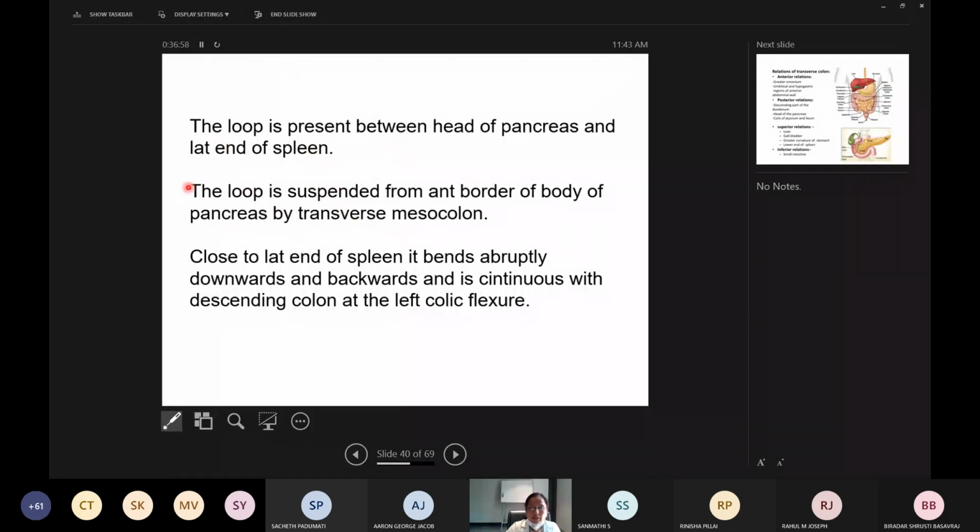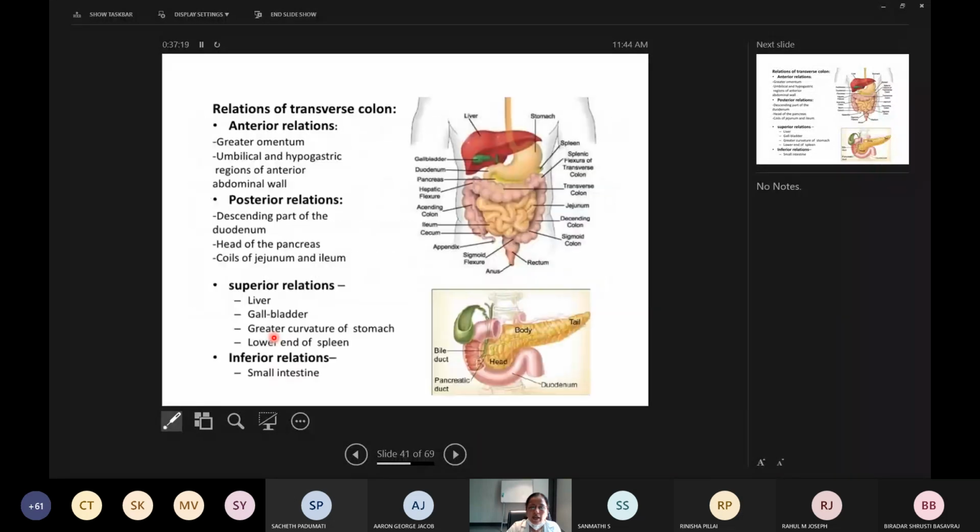The loop is suspended from the anterior surface of the body of the pancreas by the transverse mesocolon. This is the fold of peritoneum which suspends the transverse colon from the posterior abdominal wall. Close to the lateral end of the spleen, it abruptly turns downwards and backwards and is continuous with the descending colon.